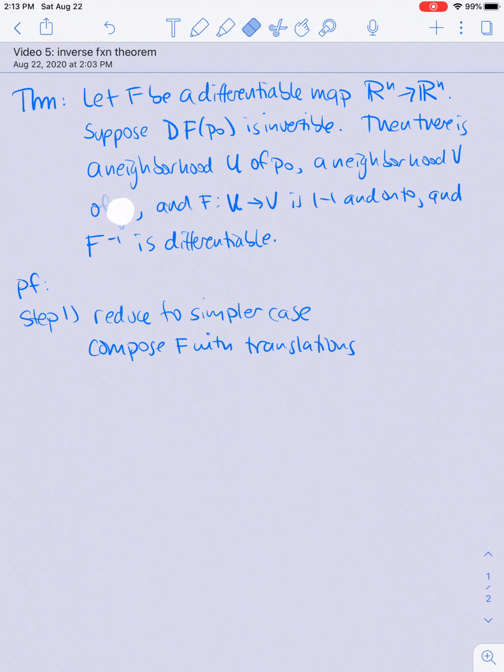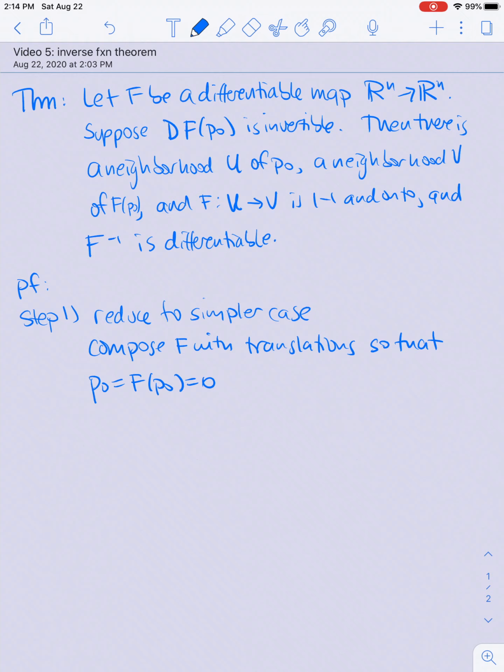So when I wrote q0 here, I should have written f of p0. We can compose f with translations so that both p0 and f of p0 are equal to 0. And this is okay because we're not going to be changing anything really. Our neighborhoods u and v will also translate and remain neighborhoods.